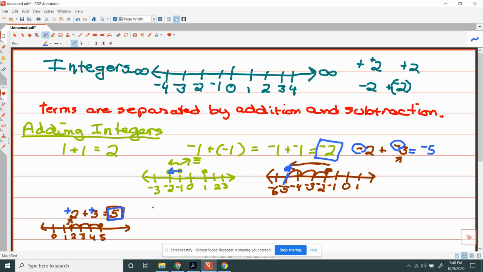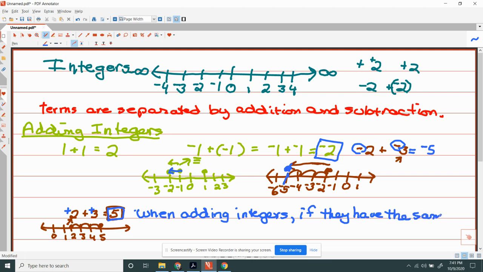So the rule that we can come out with when we add integers is, when adding integers, if they have the same sign, then you simply add and keep the sign.